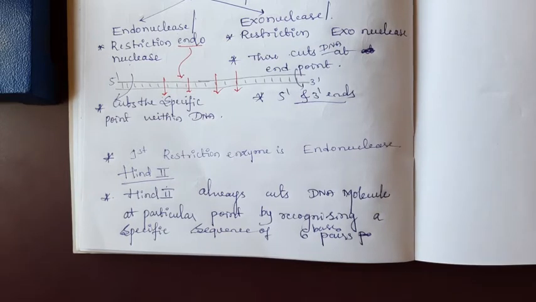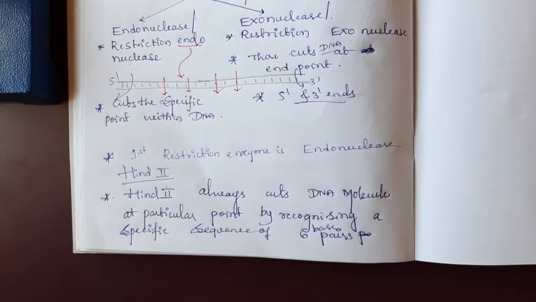It will not cut the DNA at the ends. Another type of restriction enzyme is the restriction exonuclease, which cuts the DNA at the end points.